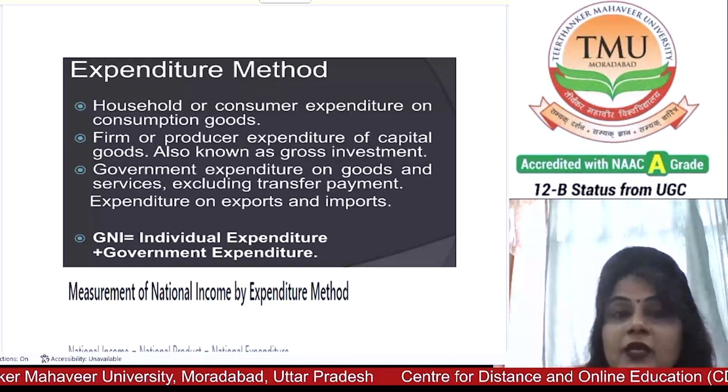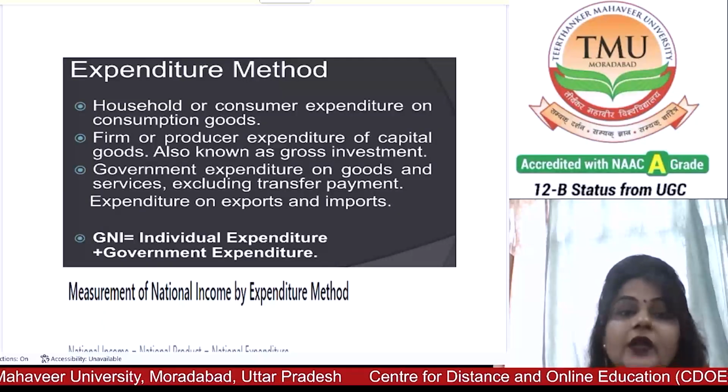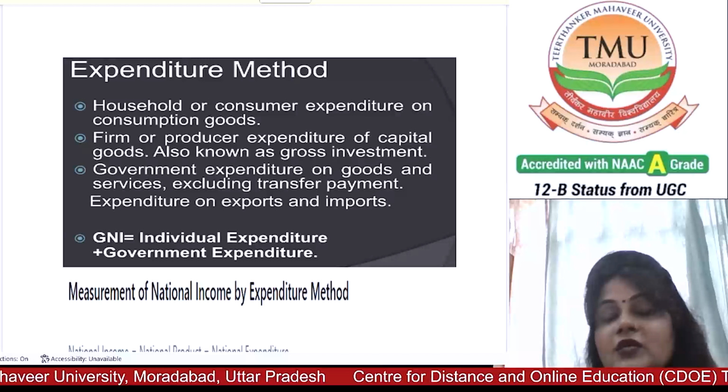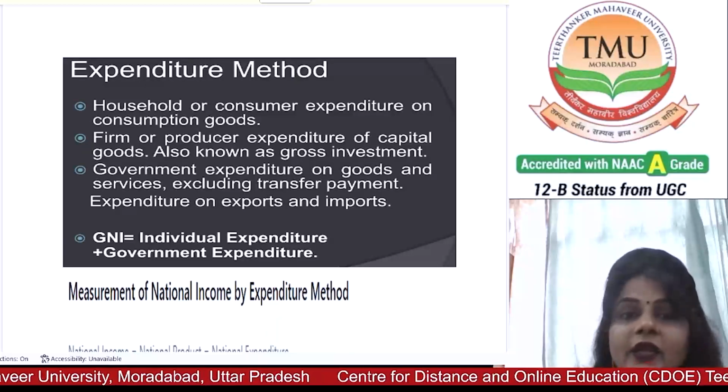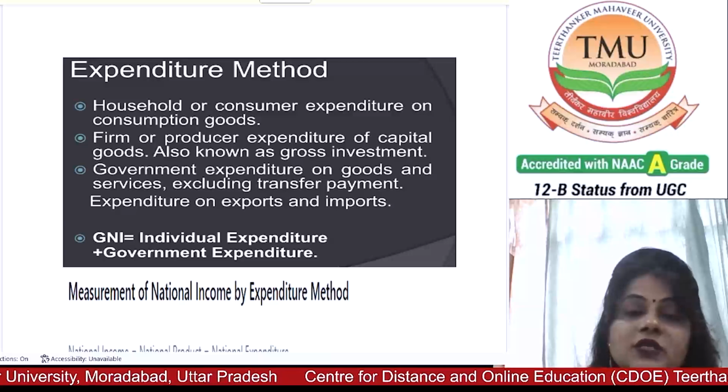The expenditure method is a system for calculating gross domestic product (GDP) that combines consumption, investment, government spending, and net exports. It is the most common way to estimate GDP.